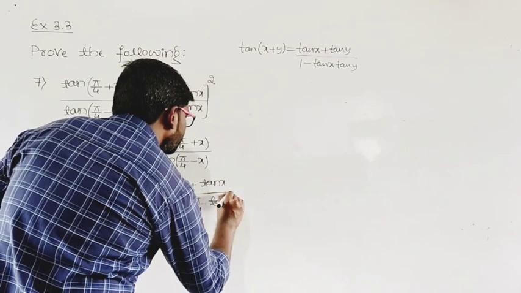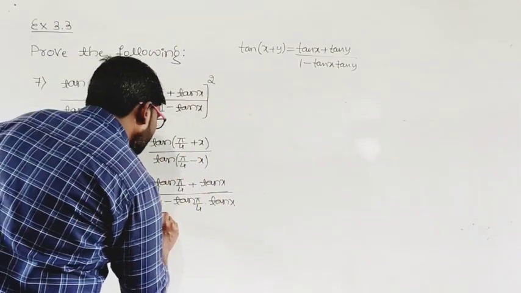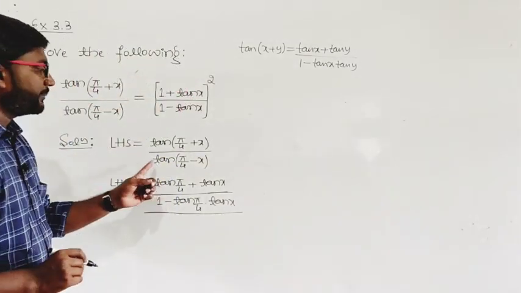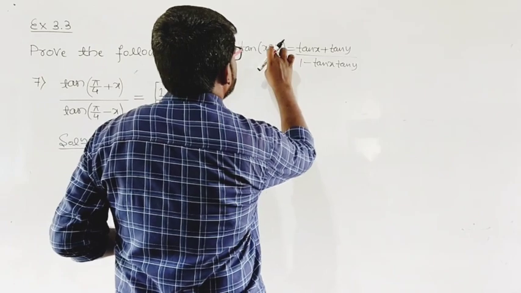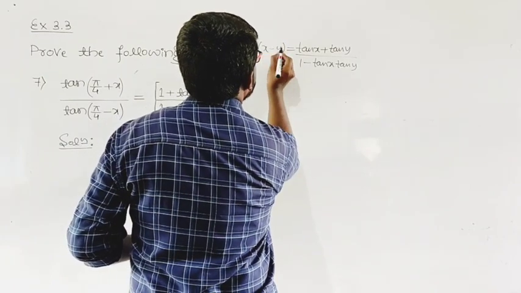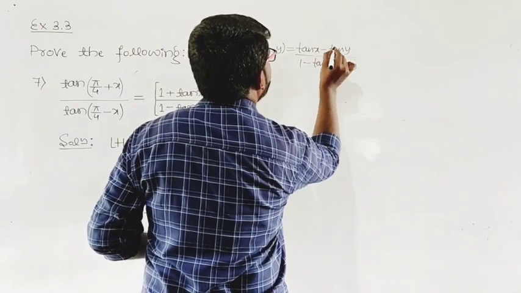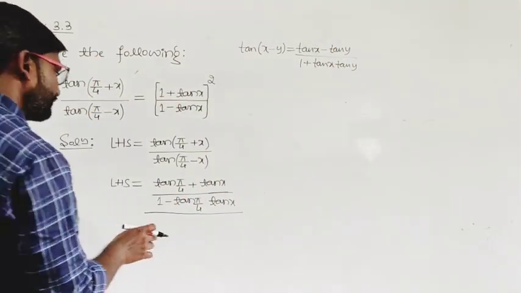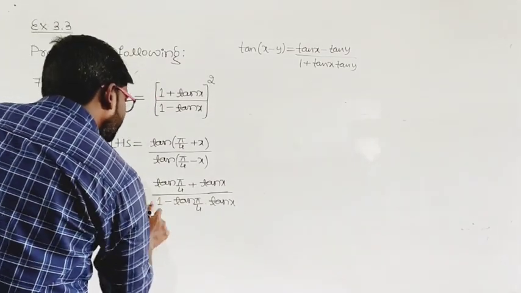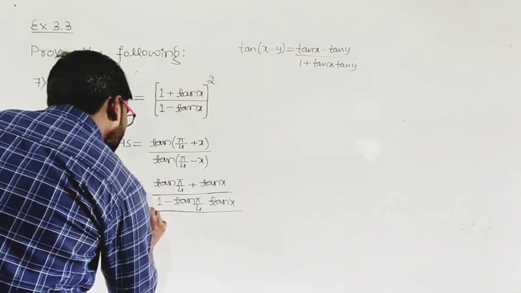Now we have to write this divided by, and in the denominator we have to apply the tan of x minus y formula. See here, tan of x minus y equals tan x minus tan y divided by 1 plus tan x into tan y. So now let us make use of the standard formula which we derived in our earlier classes.